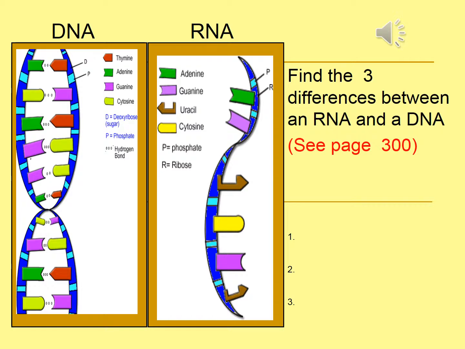And finally, the third difference is the kind of sugar. If you look underneath on both pictures, you can see that the sugar in DNA is called deoxyribose, and the sugar in RNA is called ribose. That is the third difference, the kind of sugar.